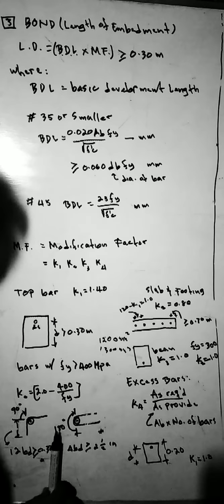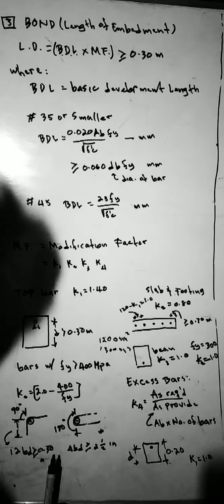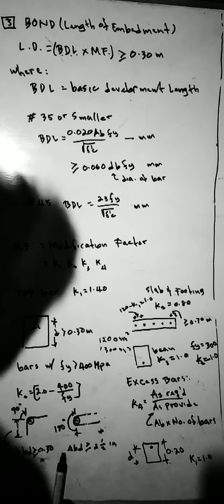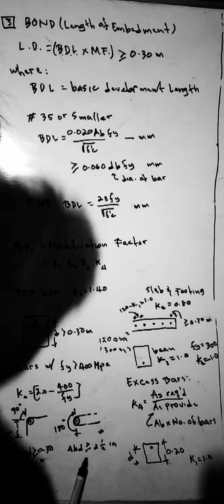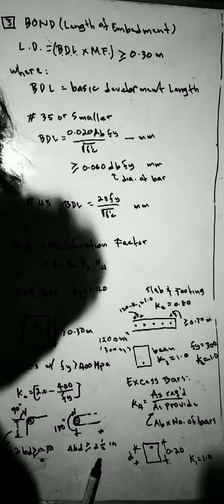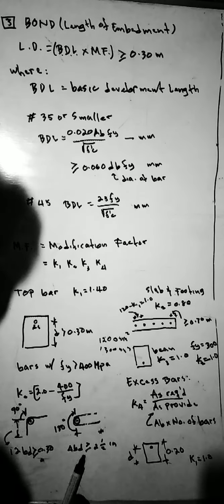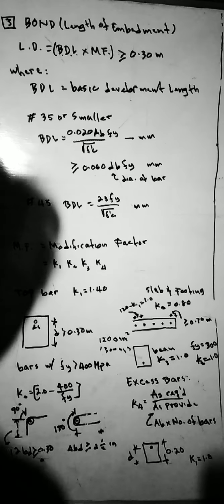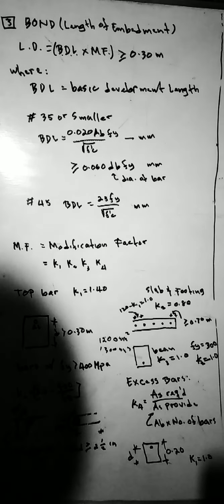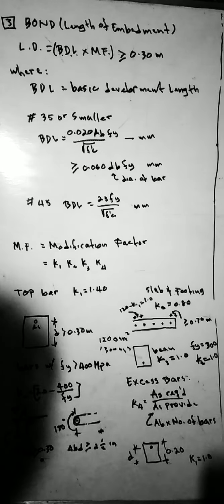For the 180 degrees bend, the length of embedment is 4 times dB, must be greater than or equal to 2.5 inches. This dB is bar diameter. So this is for the development bond as well as the modification factor.